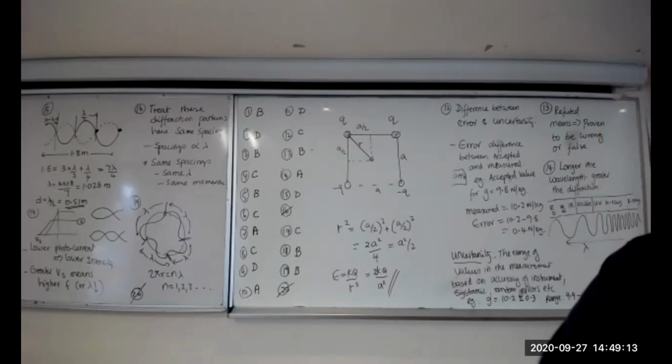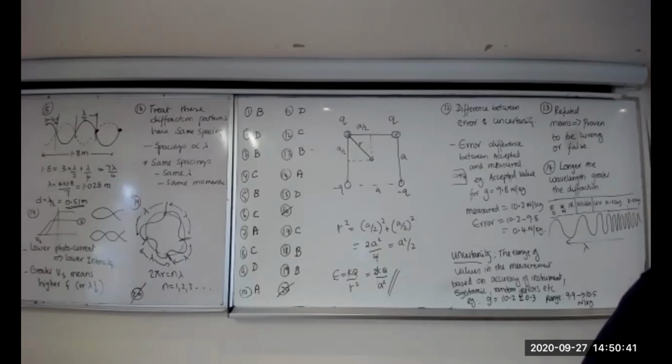For the question, how many minutes do we spend on each question? Generally the guide is, because it's 2.5 hours, 1 minute per 1 mark. So 2.5 times 3,600 gives you 9,000 seconds.